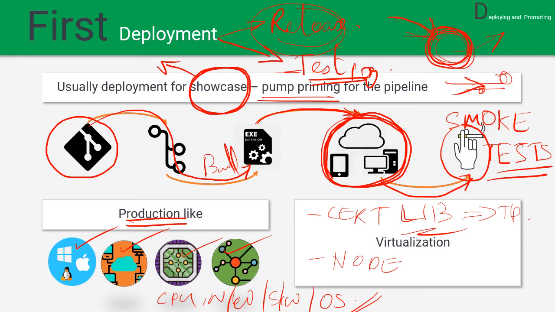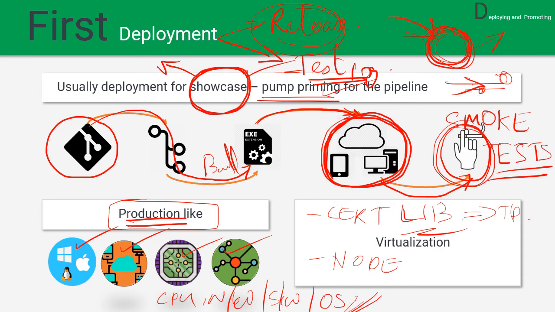So that is all about the first deployment. Points to keep in mind when you're doing that first deployment: the first deployment is obviously the showcase deployment. It's like a pump priming step, and you must always smoke test your deployment. Once the deployment has been done, you must smoke test it to see if something is wrong. And as far as the production environment is concerned, ensure that you always keep the system architecture intact.